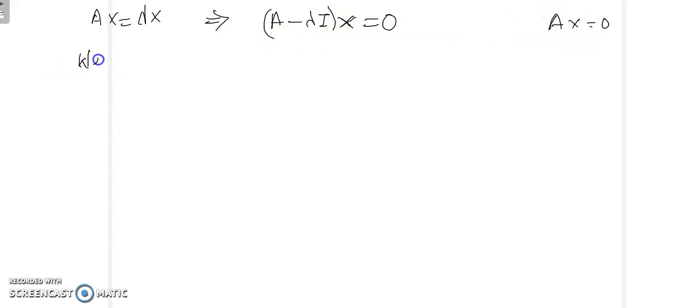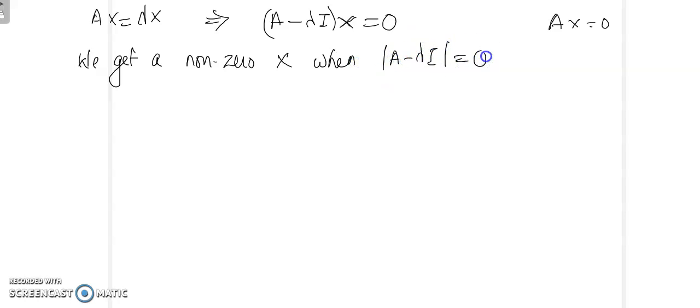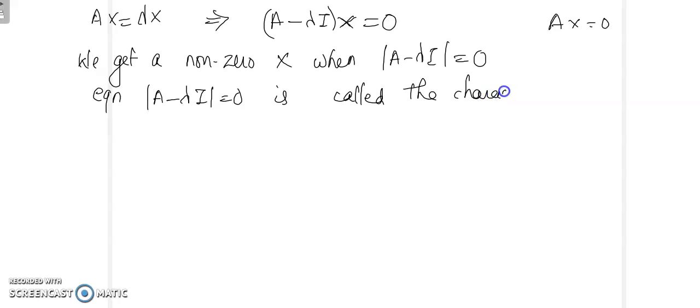So we get a non-zero x when determinant of A minus lambda I is equal to 0, and the equation determinant of A minus lambda I equal to 0 is called the characteristic equation. So upon solving the characteristic equation, that will give us the characteristic values or eigenvalues.